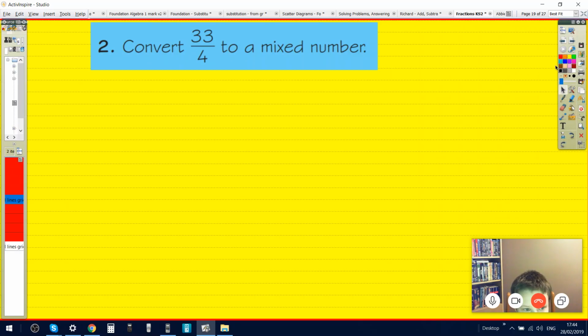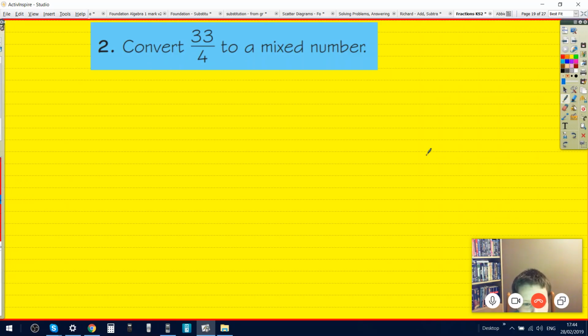Let's try this one. Convert 33 quarters to a mixed number. So we need to work out how many times 4 goes into 33. 4 goes into 33 8 times.